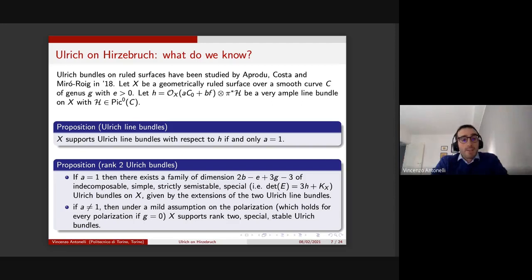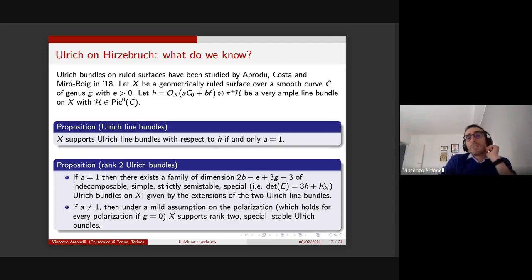And if a is different from 1, then under mild assumptions on the polarization, but we can forget about this because in the case of Hirzebruch surfaces it is automatically satisfied, the surface supports rank 2 special stable Ulrich bundles. So in this case you have stability, and that's because you don't have Ulrich line bundles. So as soon as you construct a rank 2 Ulrich bundle, it is automatically stable.